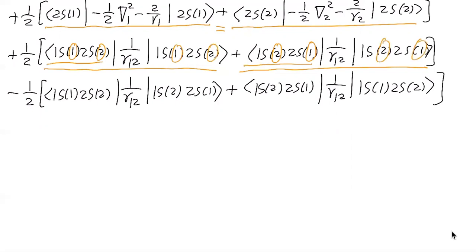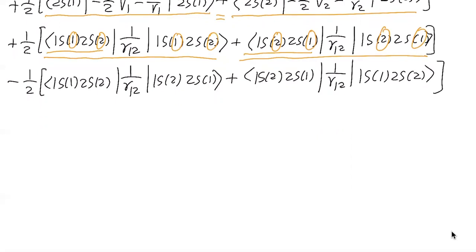Again, you exchange the label. Now, for the last row, this integral, of course, again, is equal to this integral. You have 1, 2 here, but you have 2, 1 here. You have 2, 1 here, and you have 1, 2 here. So it's nothing but exchange of the label.